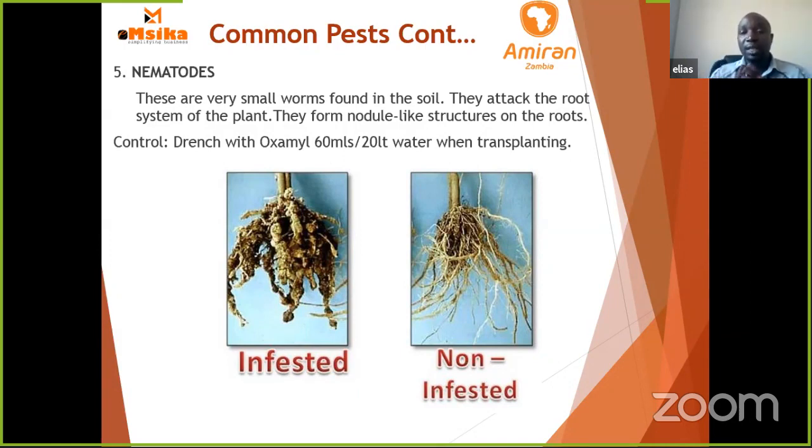If you see there are some nodule-like structures, the ones that you find on beans and groundnuts, then you can conclude that this is an attack of a nematode. And once you discover that, the control is that you have to drench oxamil in the soil at a rate of 60 mils in 20 liters of water. Then you'll be able to sort out this problem.